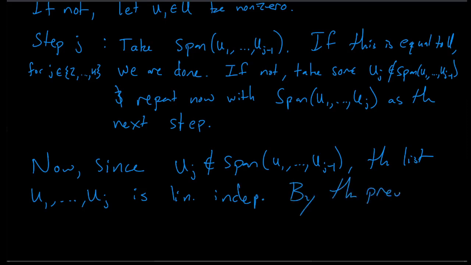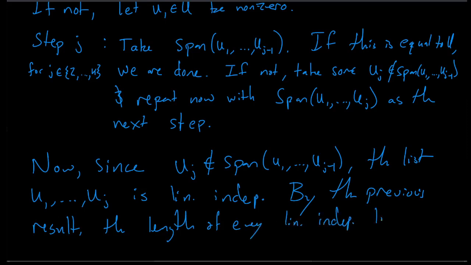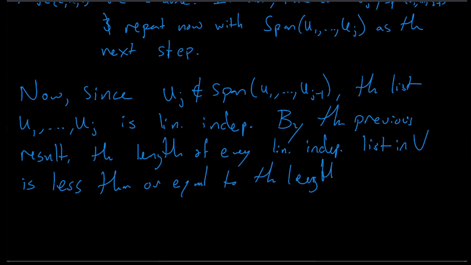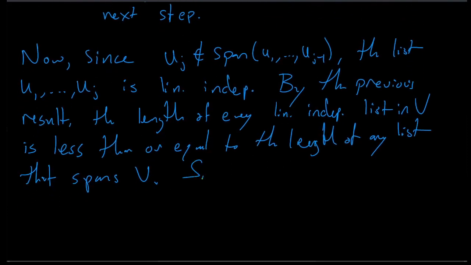By the previous result, the length of every linearly independent list in V is less than or equal to the length of any list that spans V. Okay, cool.